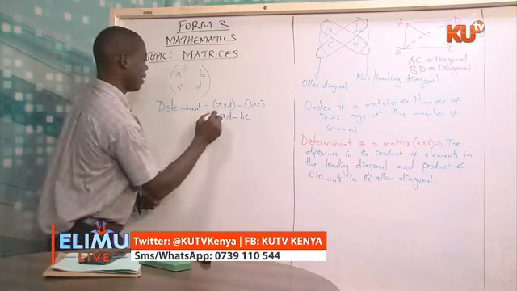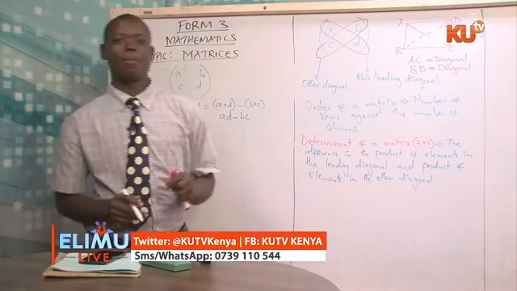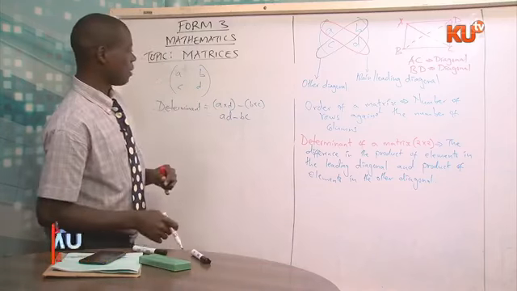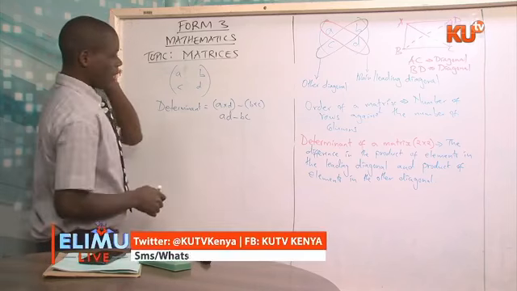This is our determinant for this matrix. The determinant will be AD minus BC.